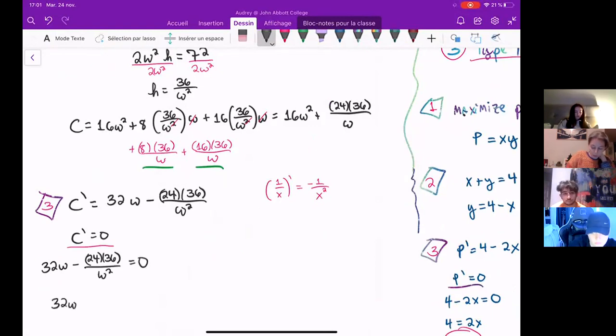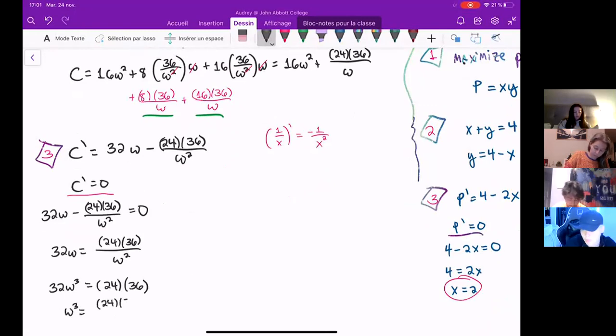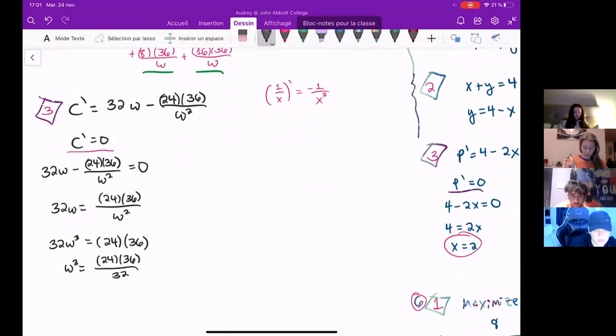So 32W is equal to 24 times 36 over W squared, which gives me that 32W cubed is equal to 24 times 36. And then I can just divide by 32, and I get that W cubed is 27. And what is the cube root of 27?